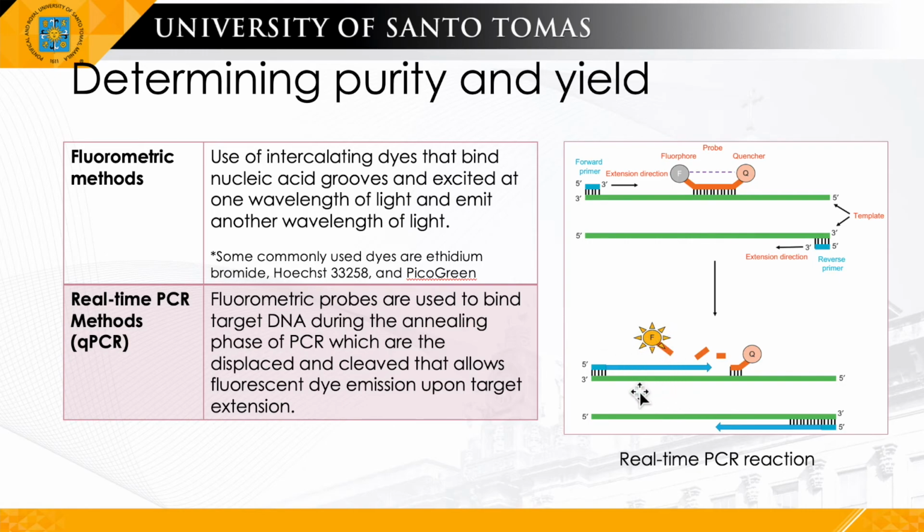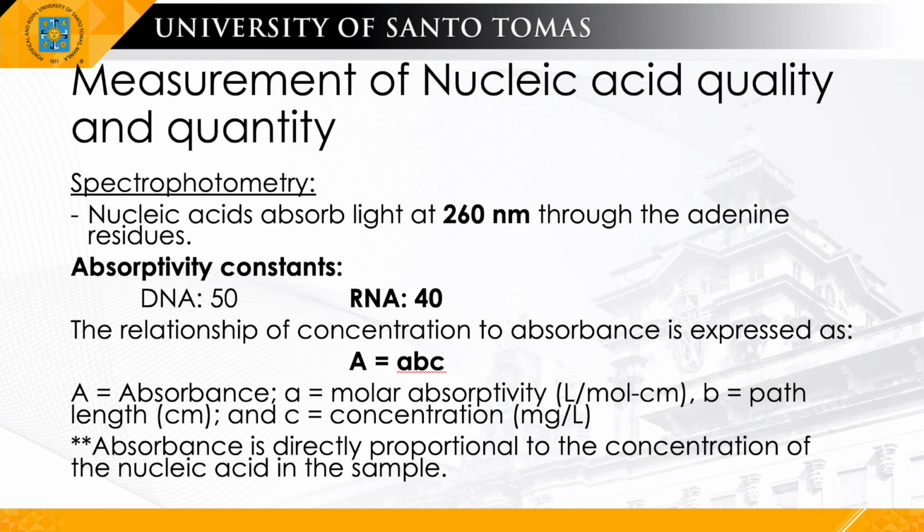So there. Let's go to measurement of nucleic acid quality and quantity. As we all know from the previous slides, nucleic acids absorb light at 260 nanometers through the purine and pyrimidine bases, and the absorptivity constant of RNA is around 40 compared to 50 for DNA. The concentration to absorbance relationship is expressed as A equals a, b, c.